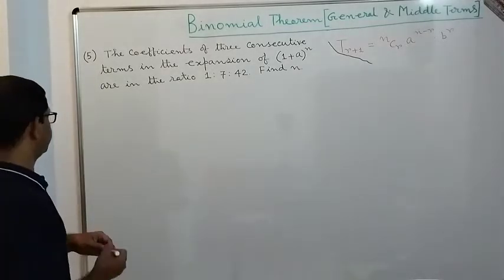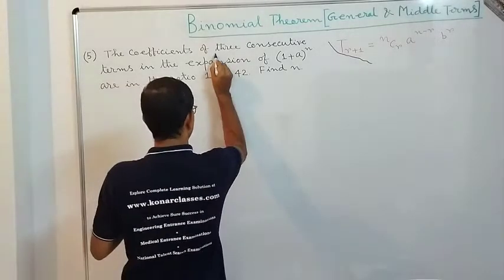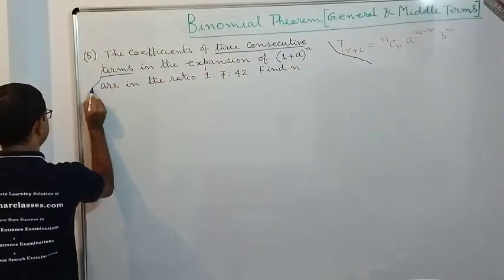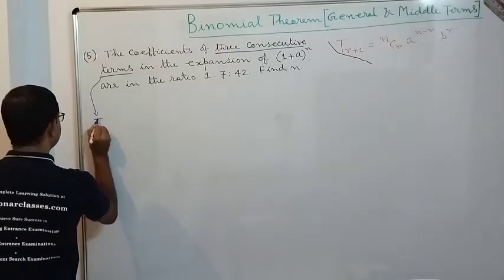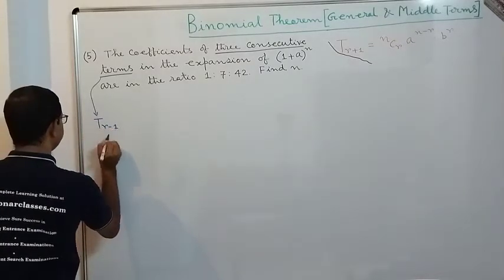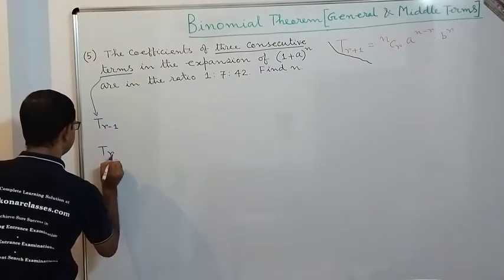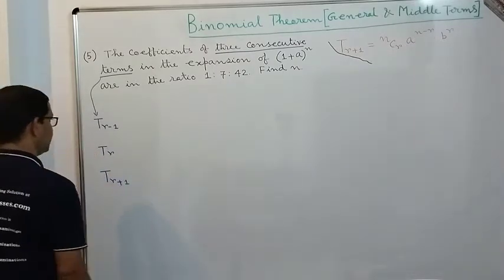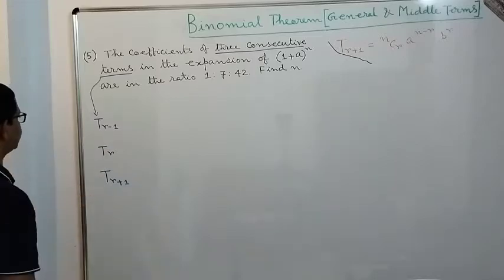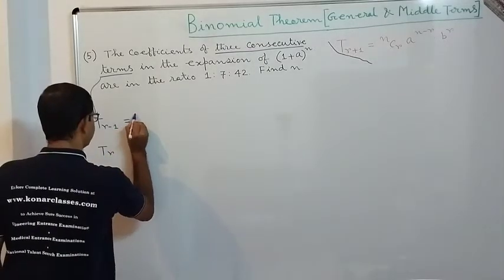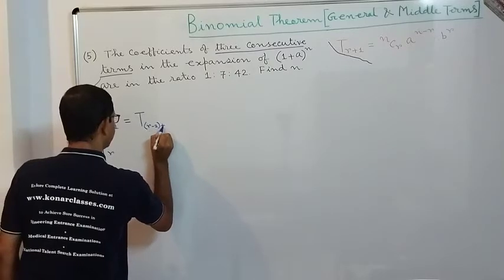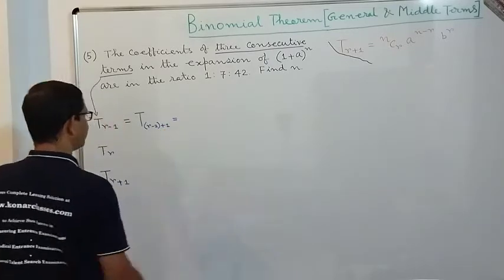So the moment I hear 3 consecutive terms, the terms we take are t r minus 1, then t r and t r plus 1. So what is t r minus 1, dear students? We can write it as t of r minus 2 plus 1. Why am I writing so?